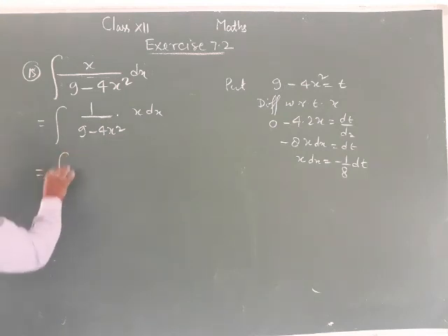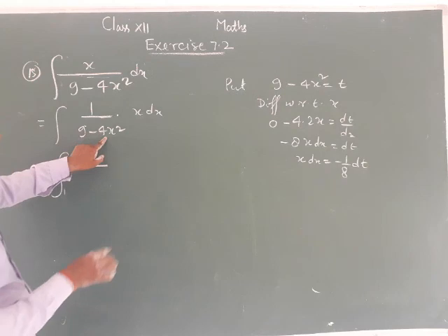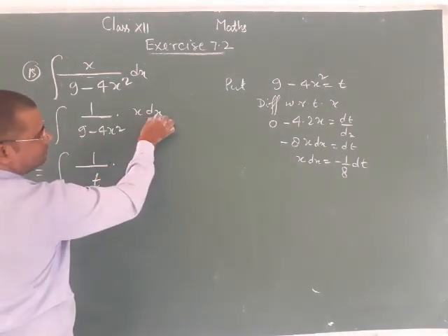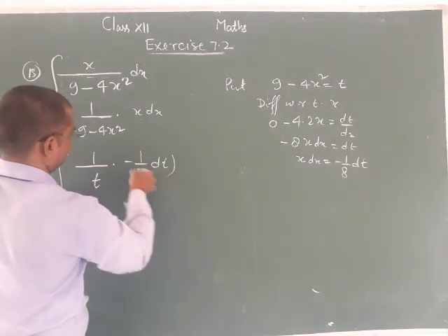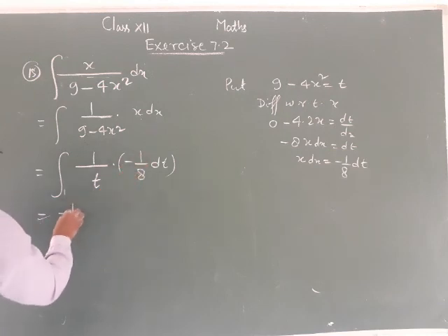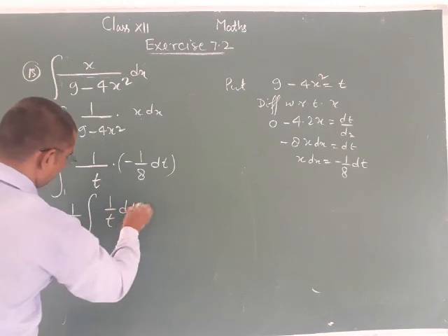So now the integral of 1 upon 9 minus 4x square is 1 upon t, and x dx is minus 1 upon 8 dt. So take minus 1 upon 8 common, and the integral of 1 upon t dt.